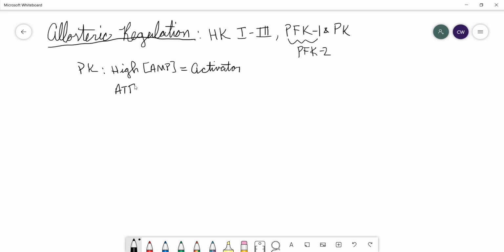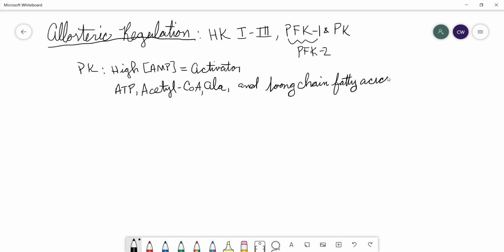ATP, acetyl-CoA, alanine, and long-chain fatty acids are inhibitors.